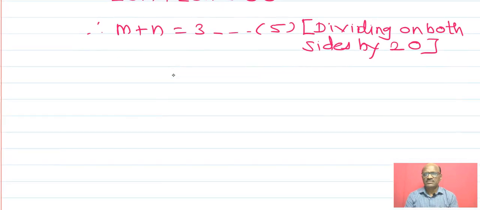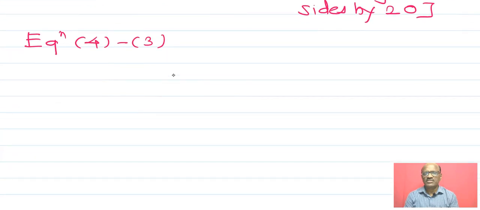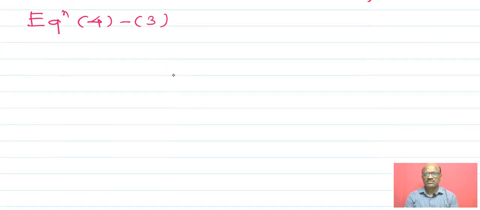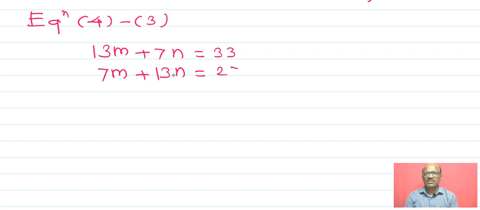Now next, their subtraction. That is equation 4 minus 3, that is 13m plus 7n is equals to 33, 7m plus 13n is equals to 27. Make their subtraction.